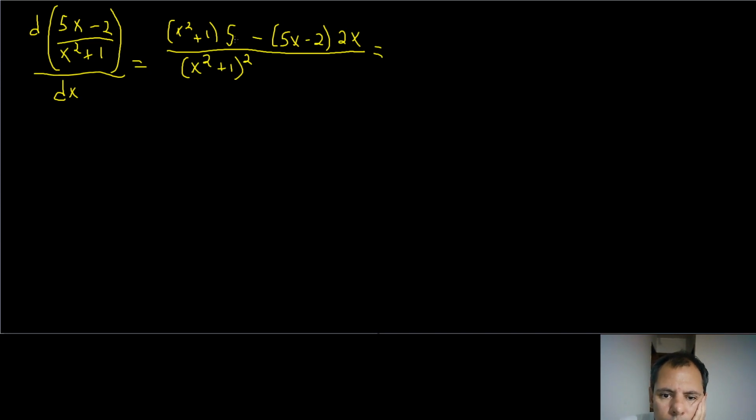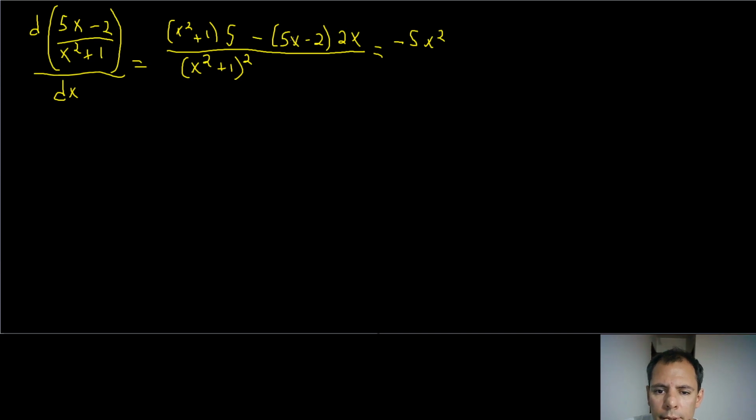So let's worry about the x squared in here. I got 5x squared plus 10x squared minus 10x squared. So 5x squared minus 10x squared equals minus 5x squared. Now let's worry about the x.